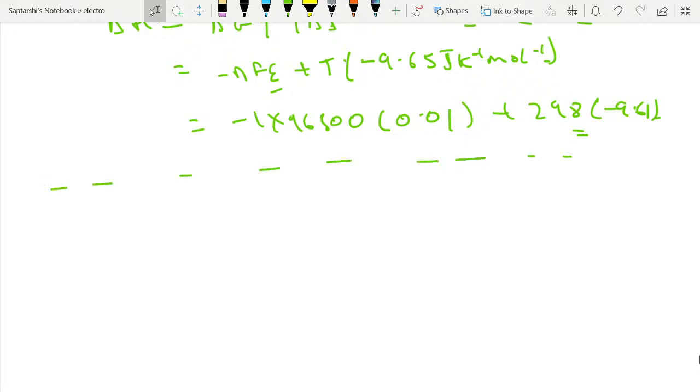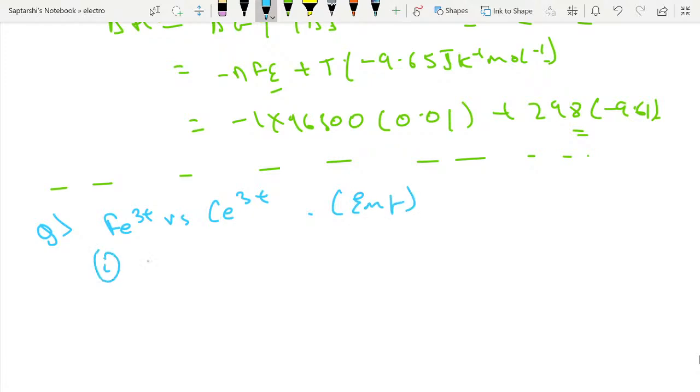Last question for the day. This is a very good question, I would say, because it is related to some practical chemistry which you do in the lab. So we have a titration of Fe2 plus versus Ce4 plus. We need to find the EMF in two cases. Case number one is when 50% of Fe2 plus is titrated.